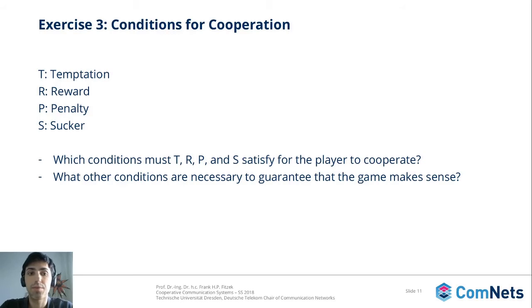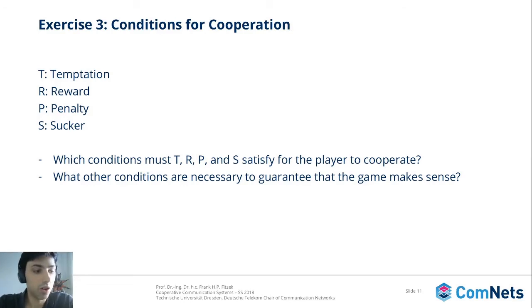So in the end, this will not be one of the conditions that make the game make sense, because we are trying to make a game where sometimes it is worth it to cooperate and sometimes it's worth it to defect. If they both get a better reward to cooperate, then they will always cooperate and there is no game.